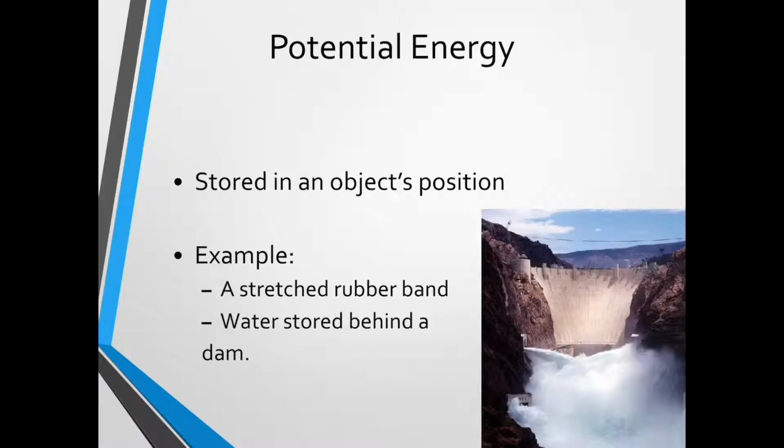It's when you've pulled it all the way out and you are holding it completely stretched out. The other example is water that is being stored behind a dam. So that water is being forced to rest behind this dam. If the dam were to break or they would remove the dam, it would move back into kinetic energy again.